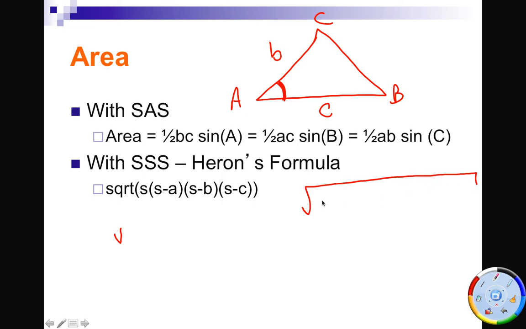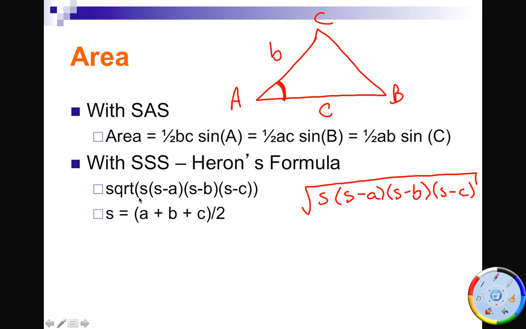Square root of s times s minus a, s minus b, times s minus c. And a, b, and c are the side lengths of your triangle. And s is what I think they call the semi-average. It's taking the sum of the three sides of your triangle and dividing by 2.